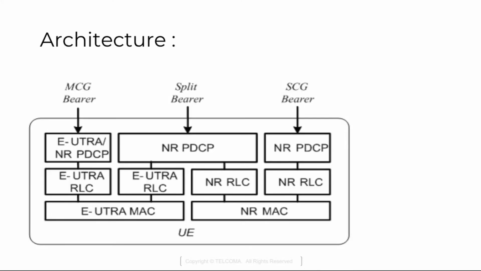So here we can see the architecture of all the bearers. MCG bearer goes to EUTRA or NR PDCP, and split and SCG are for new radio itself only. This is the UE MAC.